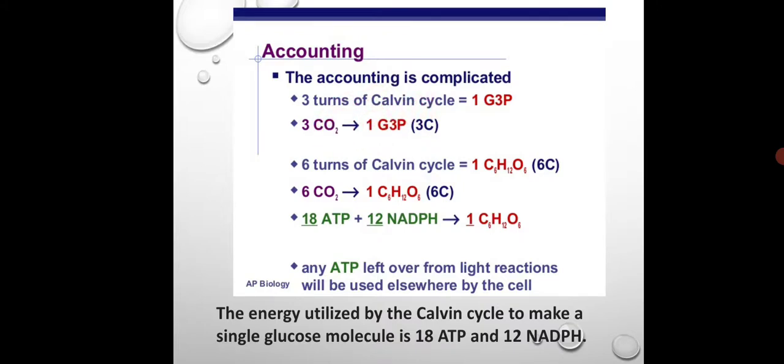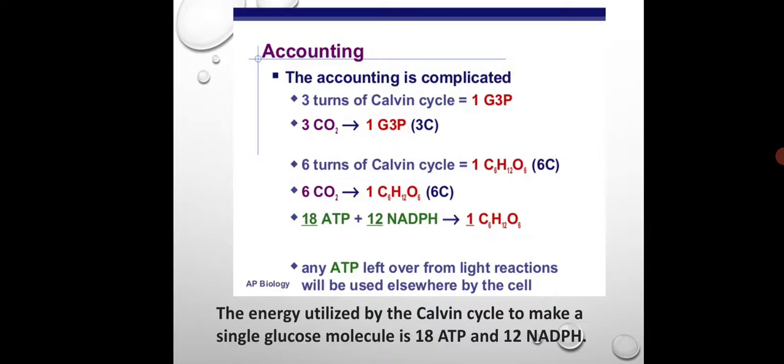Okay, when Kelvin cycle runs 3 times, at that time it produces 1 G3P molecule. Okay, in short, अभी जो हमने देखा वही 3 कार्बन डाइऑक्साइड मॉलिक्यूल, it produces 1 G3P containing 3 कार्बन. ओके, तो ऐसे हमें 2 बार हम रन करते हैं, मतलब 3 + 3 = 6. So that is the calculation.